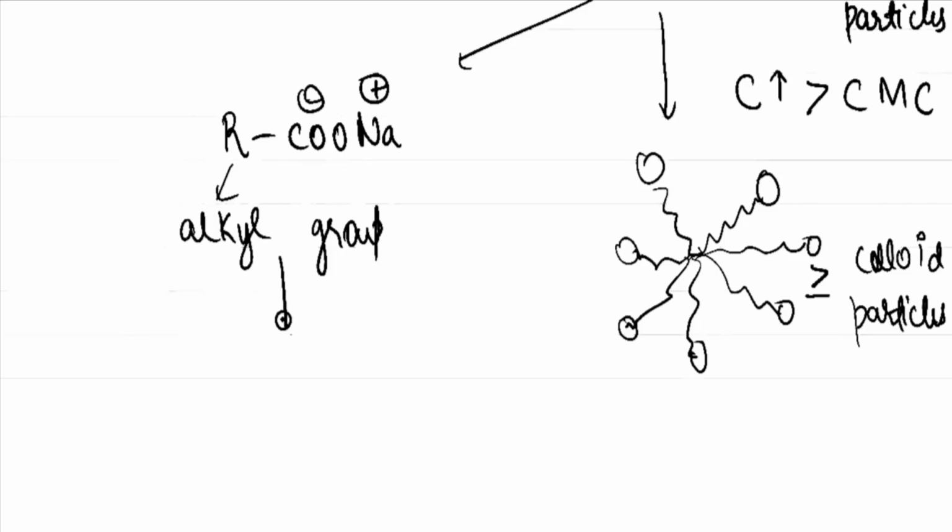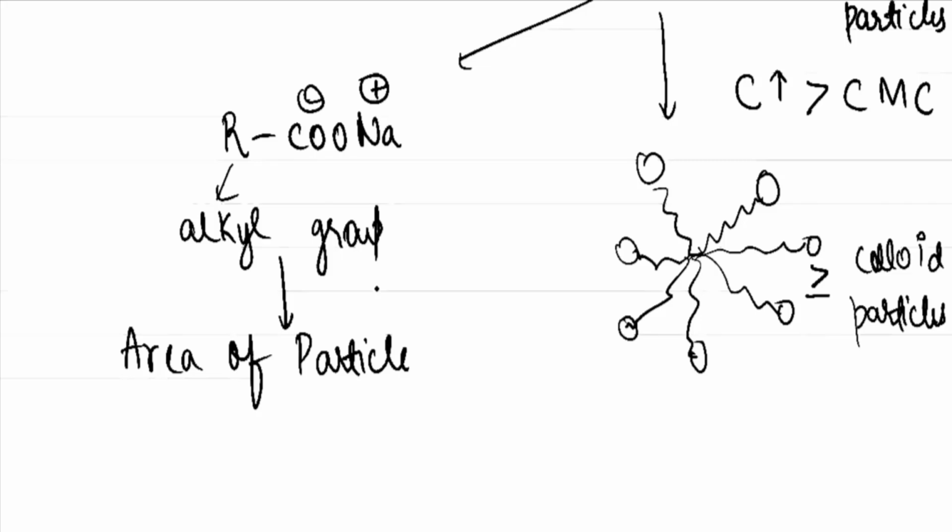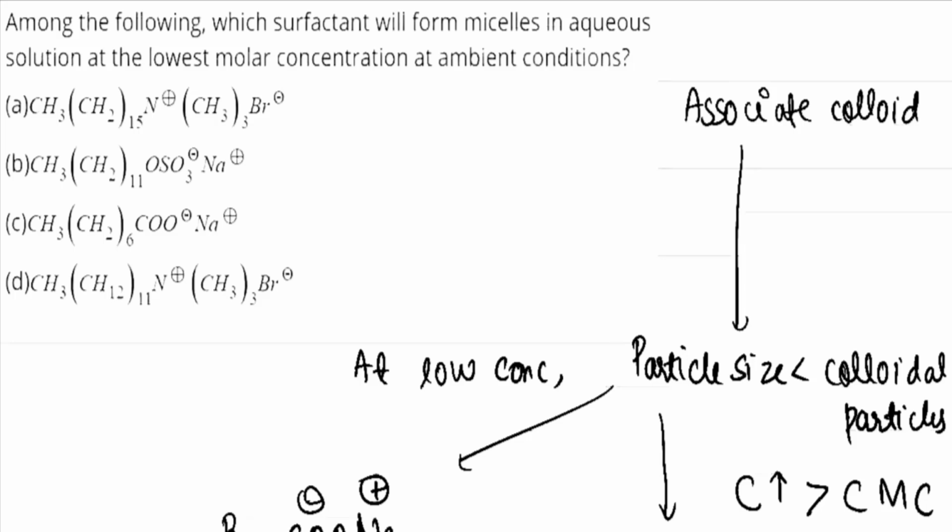If the surface area of the particle is high, then the size of the particle will become equal to the size of colloidal particles very fast. When the size is the same, or almost the same or more than the size of a colloidal particle, micelle formation will take place rapidly.